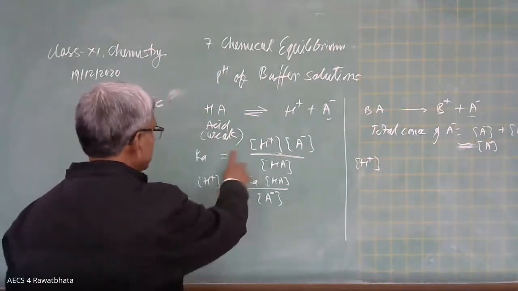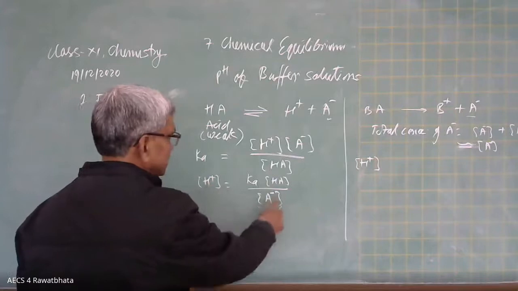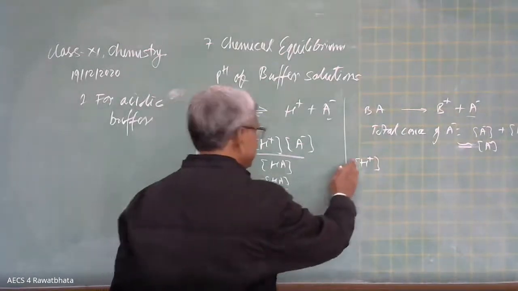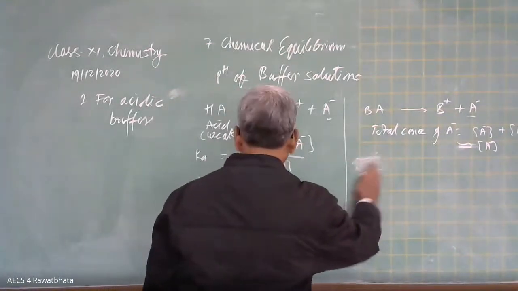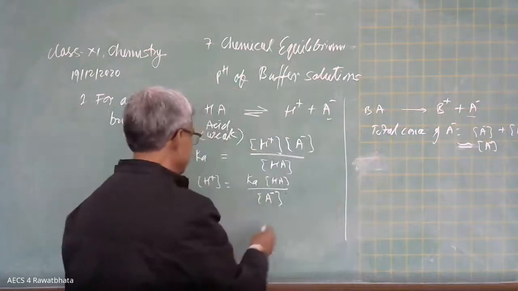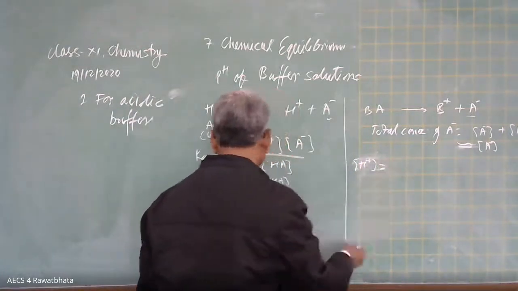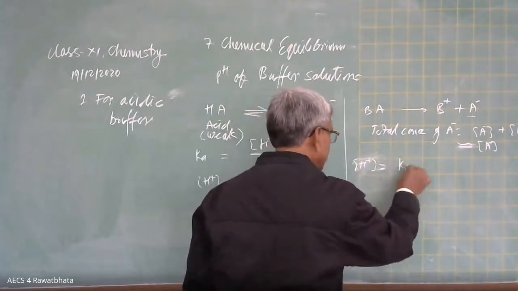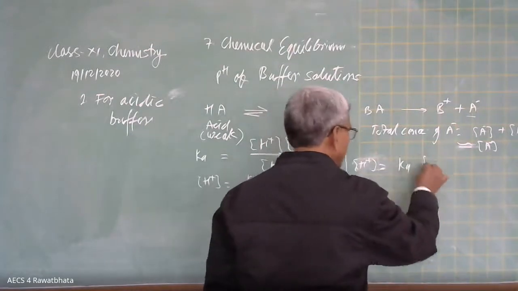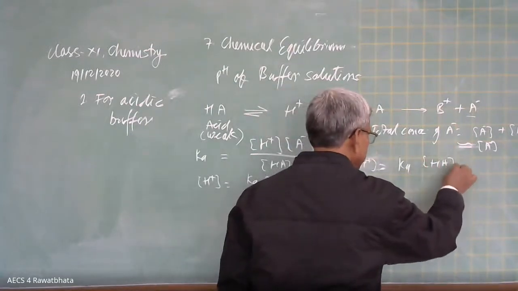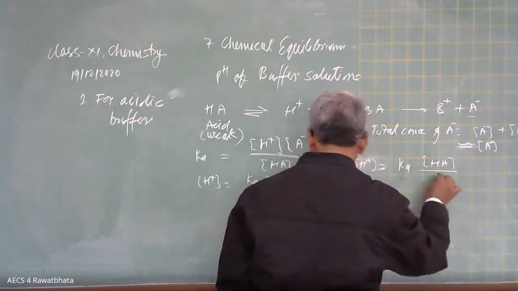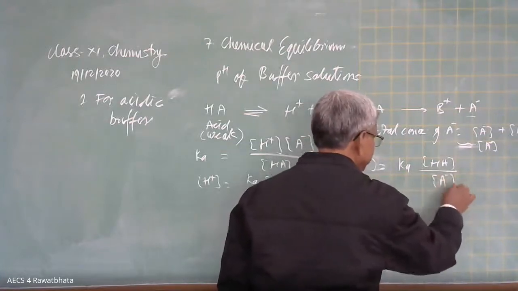So this H positive is like this. Let me write once again. [H+] is equal to Ka times the molar concentration of HA divided by the molar concentration of A minus.